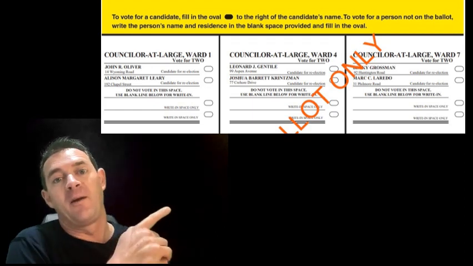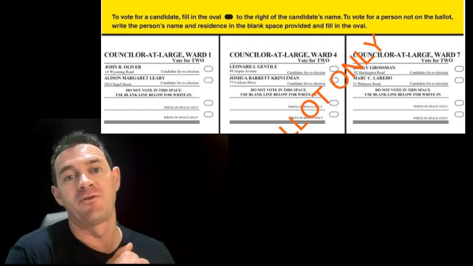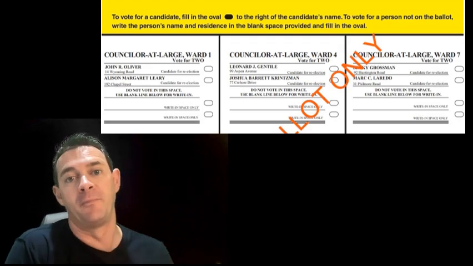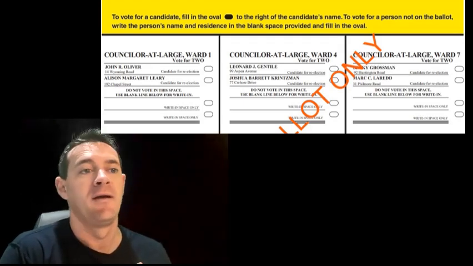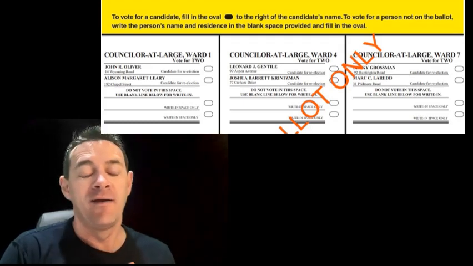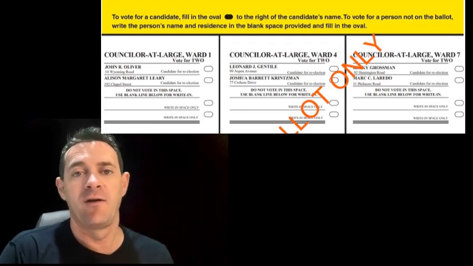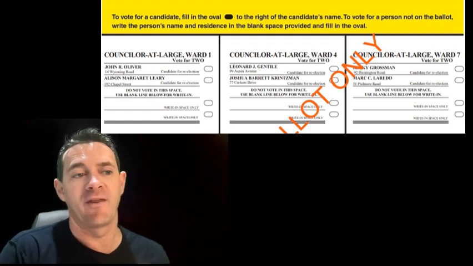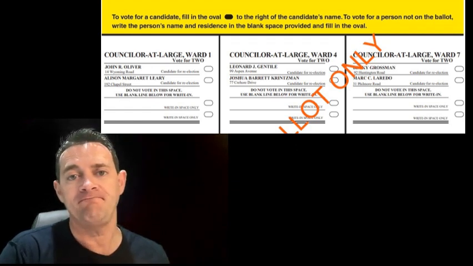It usually says how many you can choose. Some are multiple choice, so you could make two choices. There's also a place where you can write in someone's name. Sure, you could write in your own name. It's probably not going to work, but there's some space for that there also.